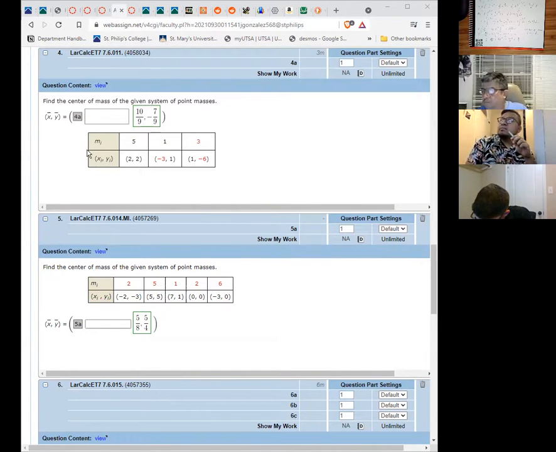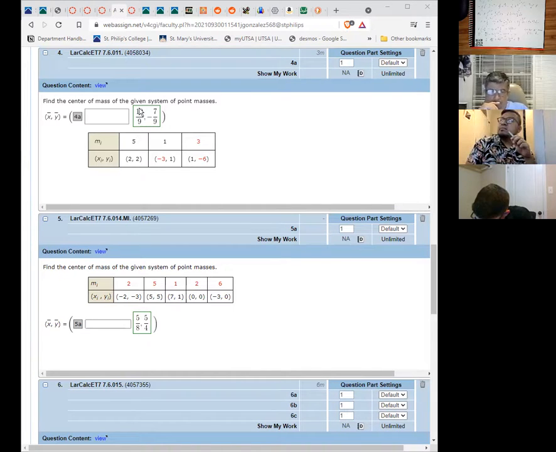So remember how we found the little m, you just add them all up, right? That's the total mass. Mx, you'll have to do 5 times 2, 1 times -3, 3 times 1, and add them up. That'll be the moment of x. And then to find the moment of y, you'll do 5 times 2, 1 times 1, 3 times -6.